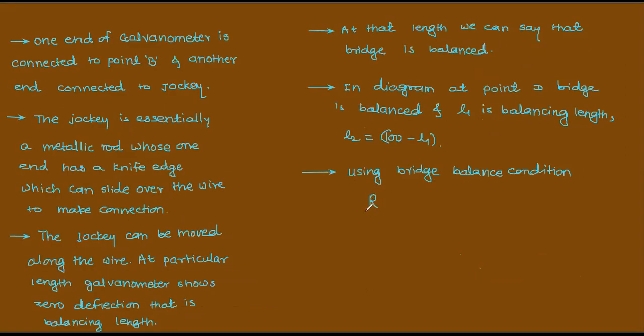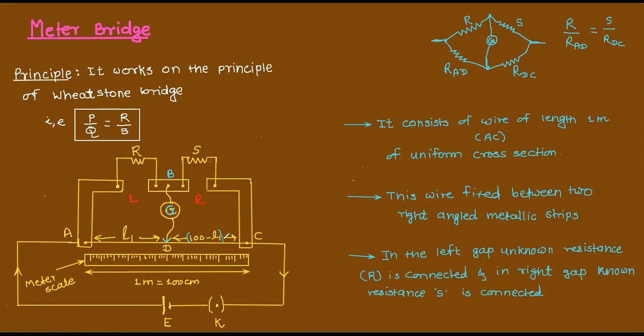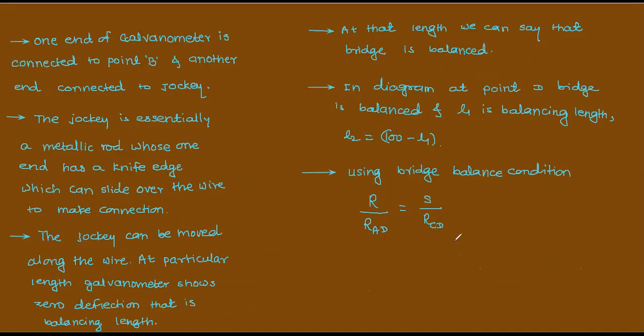So what is that? R divided by the resistance of arm AD is equal to S divided by the resistance of arm CD. You can see in the diagram. Obviously, we have to find the resistance of this AD wire, piece of wire. And this DC, this is also a wire, CD or DC, whatever you want, not an issue. So I'm making it DC here.